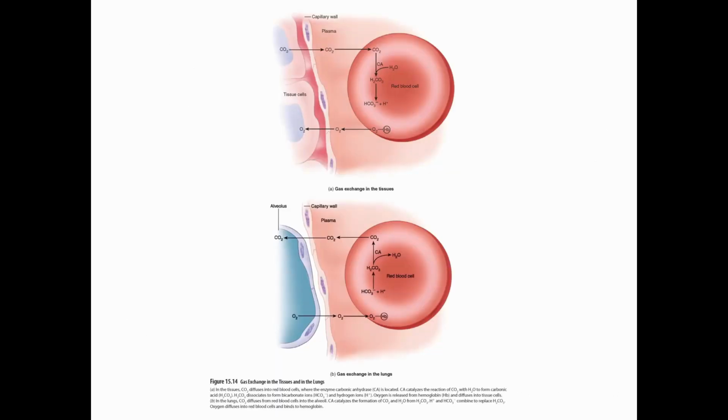Okay, so this is the gas exchange in your lungs, in which carbon dioxide can react with water to form carbonic acid. Your carbonic acid will dissociate into bicarbonate and free hydrogen ions.